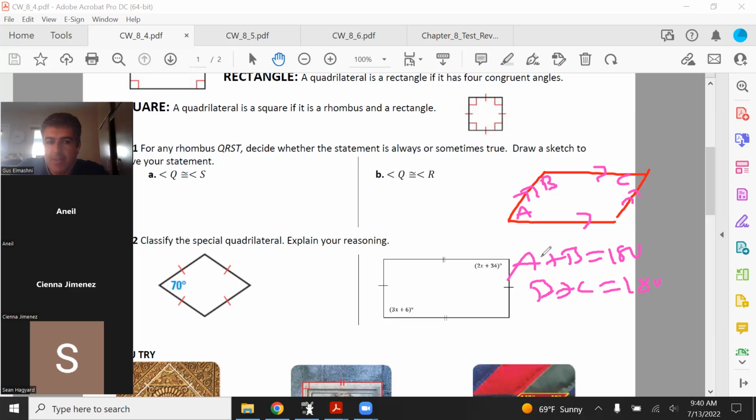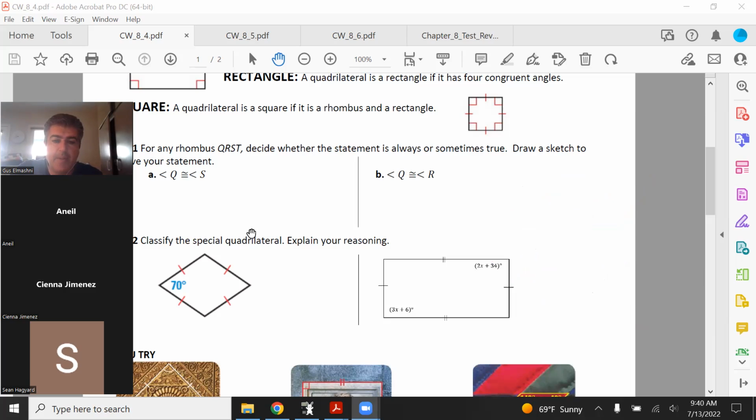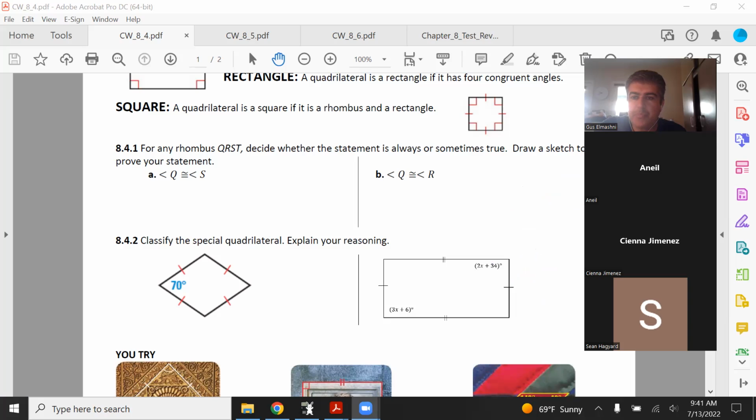And so A is going to have to equal C to make that work. Those have to equal each other if these two equations are true. You could do substitution if you wanted to. A would equal 180 minus B, C would equal 180 minus B. So of course, A equals C.